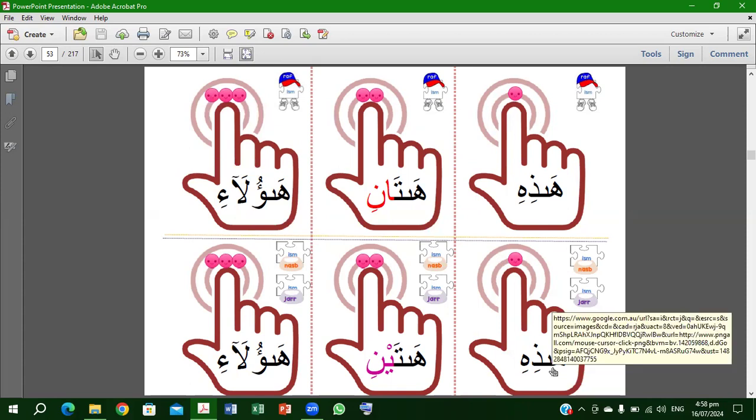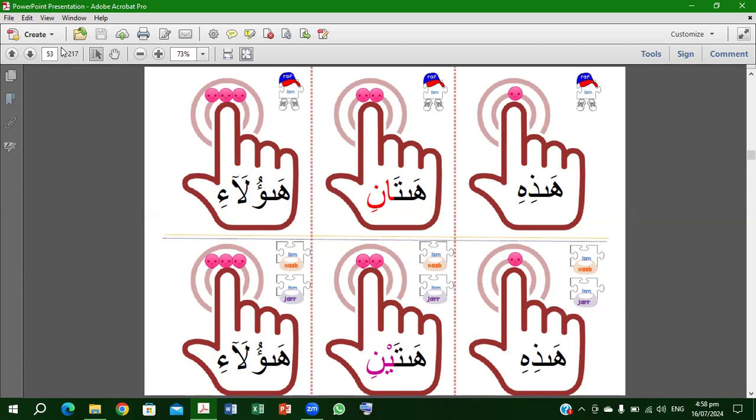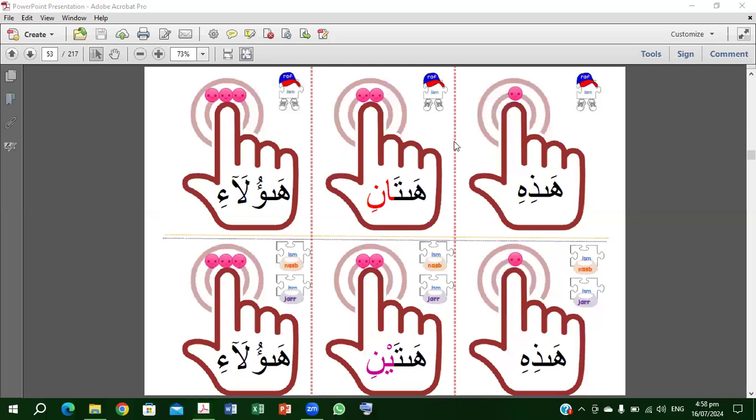So hadihi, now again we look at the status. If it is the status of Rafa, it's written Rafa here, right? Then it is hadihi, hatani, haulai. But if it is the status of nasab or jar, this will be hadihi, hataini, haulai.